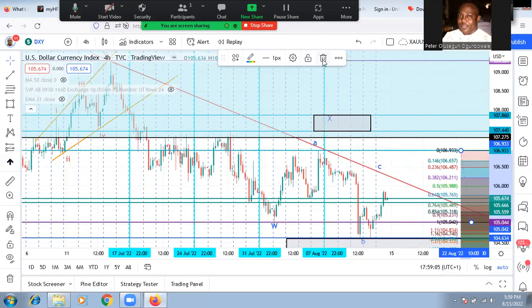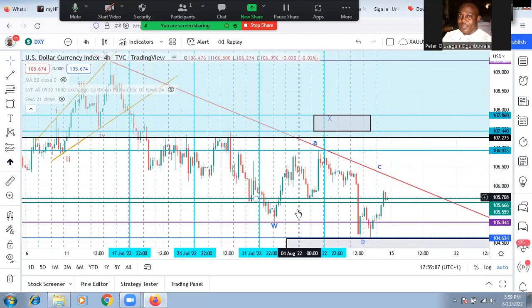So if that did give us a 123 of this move to B, we might see this eventually being what we call a running flat. So this might be a running flat here.